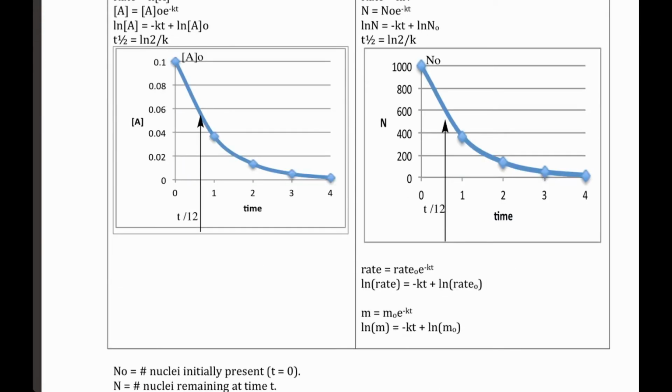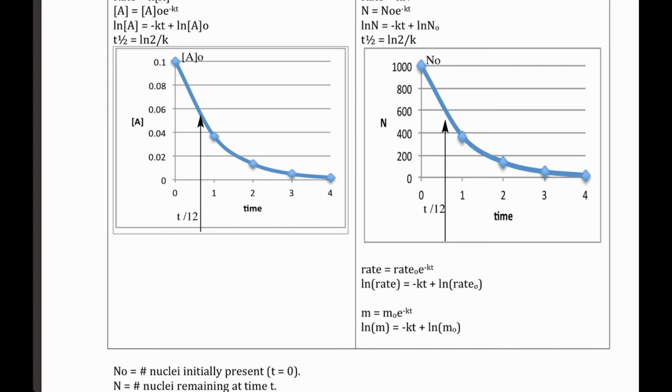We can also think in terms of rate as a function of time. Rate is equal to rate naught, whatever original rate of decay, e to the minus kt. Ln of rate equals negative kt plus ln of rate naught. We can also think in terms of mass.